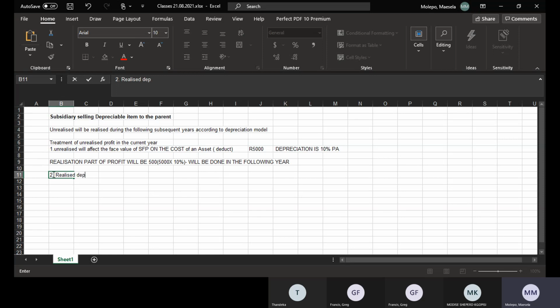Realized depreciation on profit will affect the face value of SFP, on the accumulated depreciation.